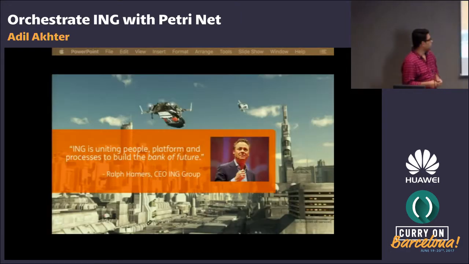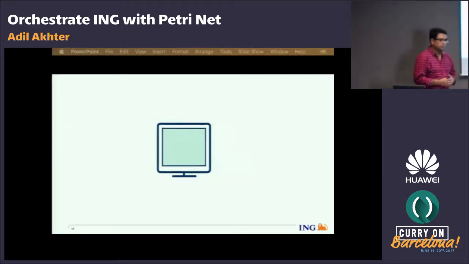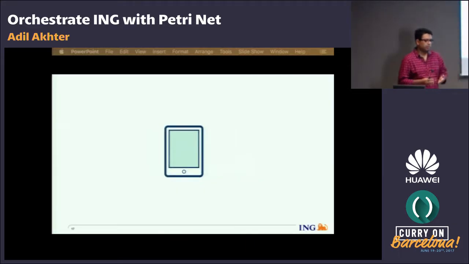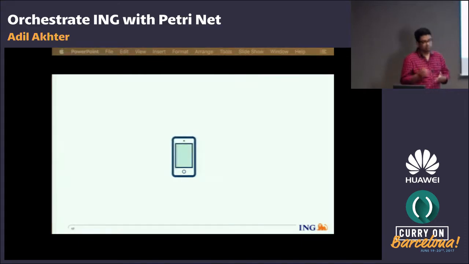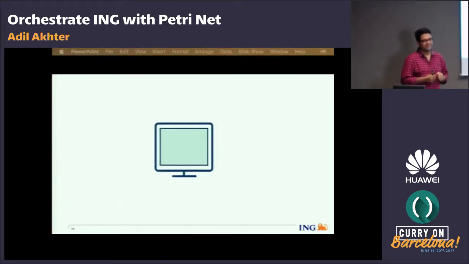And therefore, at ING, we are moving towards building one unified platform, a bank of the future, where one platform will be serving these 36 million customers. And therefore, the platform has to be omnichannel, scalable, resilient, fault tolerant, all the buzzword compliant.